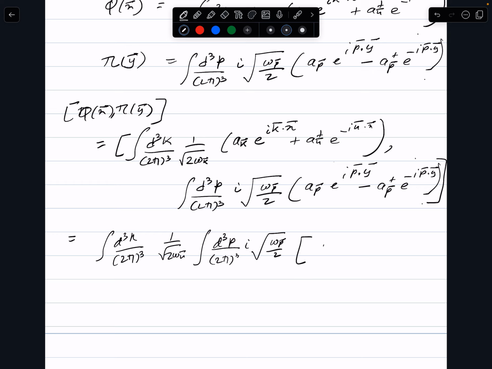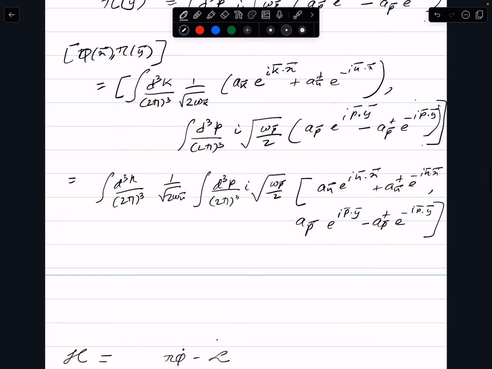And we have a_k e to the power i k dot x plus a_k dagger e to the power minus i k dot x, and a_p e to the power i p dot y minus a_p dagger e to the power minus i p dot y.